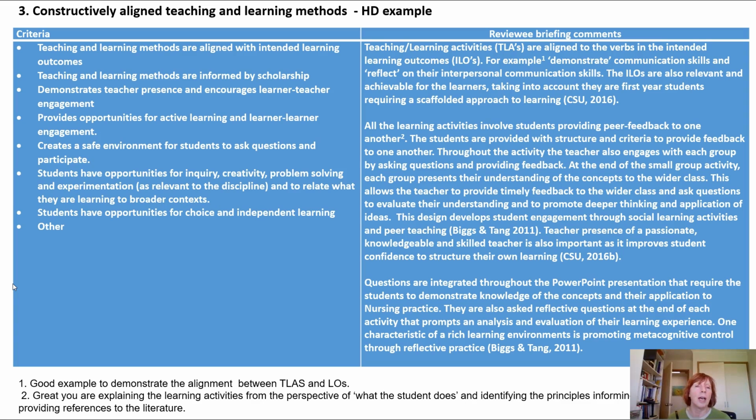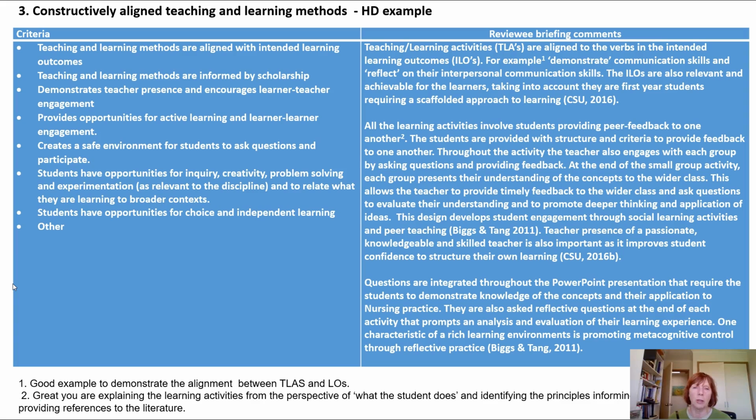So in some cases it can be easier to demonstrate these criteria more widely than in others. However, that isn't necessarily the important thing. It's thinking about your learning design to achieve your intended learning outcomes, and being able to explain that is important in the peer review. You'll see here another thing that helps to put this in the HD category is that this person's provided some references to explain the rationale for the design.